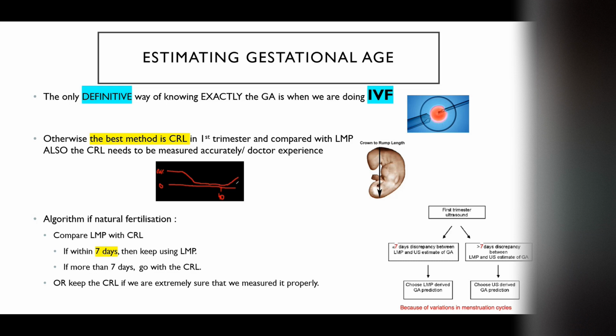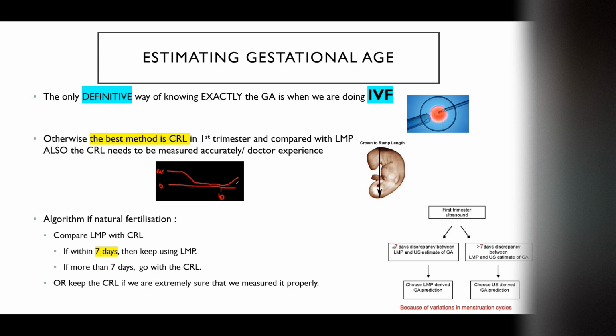If it's within 7 days, we say, okay, let's follow the woman, the patient history. If it's more than 7 days, we say, you know what, maybe she lied to us, maybe there was a different reason for bleeding. If it's more than 7 days, we say, let's go with our number, okay? So why we prefer the last menstrual period is that we can make some mistakes on the ultrasound. So our experience is very important.